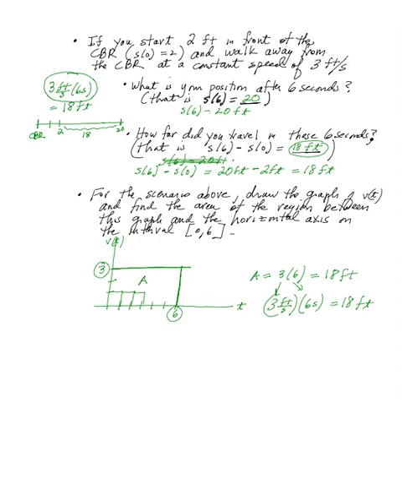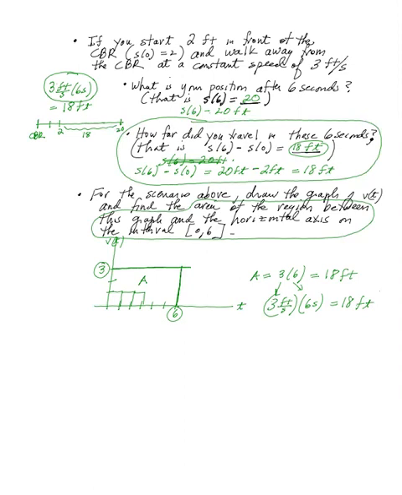Is it a coincidence that my answer to this question, how far did you travel in these 6 seconds, was 18 feet, was the same as the answer to this second bullet, the area under the velocity function on the time interval 0 to 6?